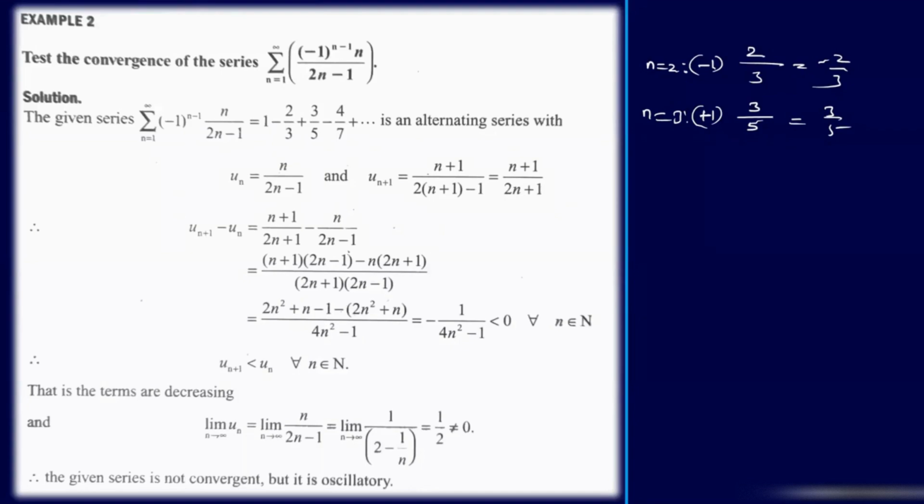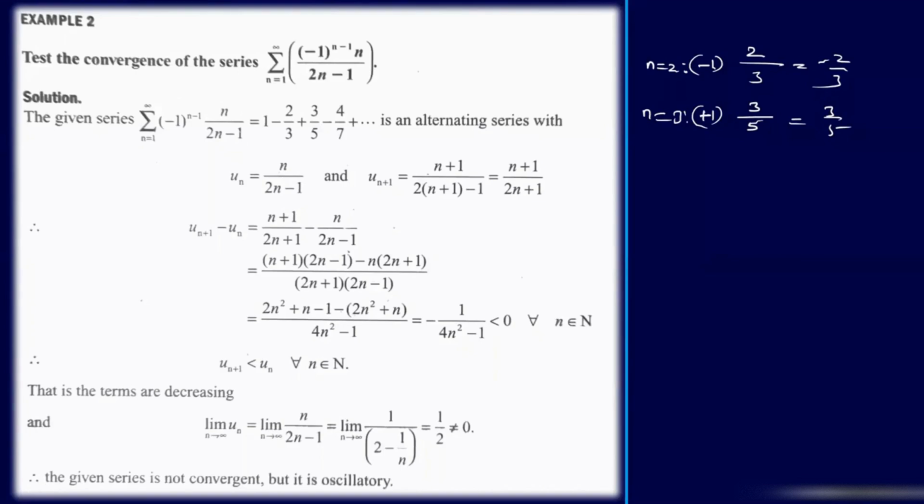And remember, when you are given an alternating series, as I told you till now, we simply ignore that sign. You may have a positive sign or a negative sign. We only take u(n) by ignoring this sign. I mean, n by 2n minus 1 is the only u(n) here.